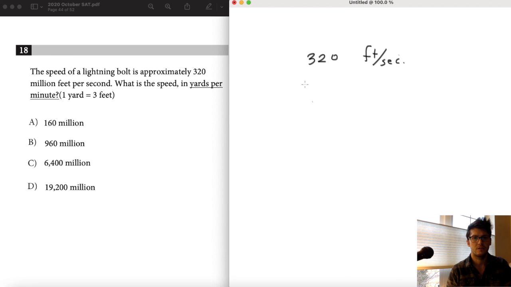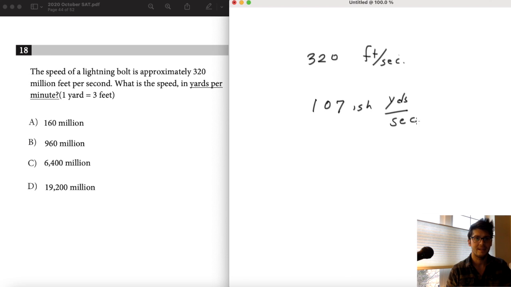Okay, in yards per minute? Well, this would be 120 over 3, which is roughly a little bit less than 7. 106 or 107. It's really close to 107. So I'm going to say 107-ish yards per second.